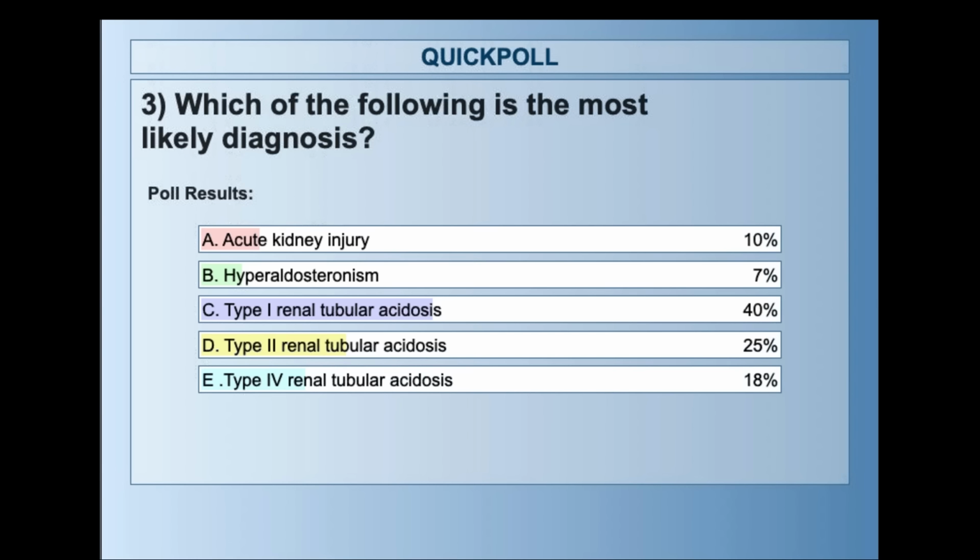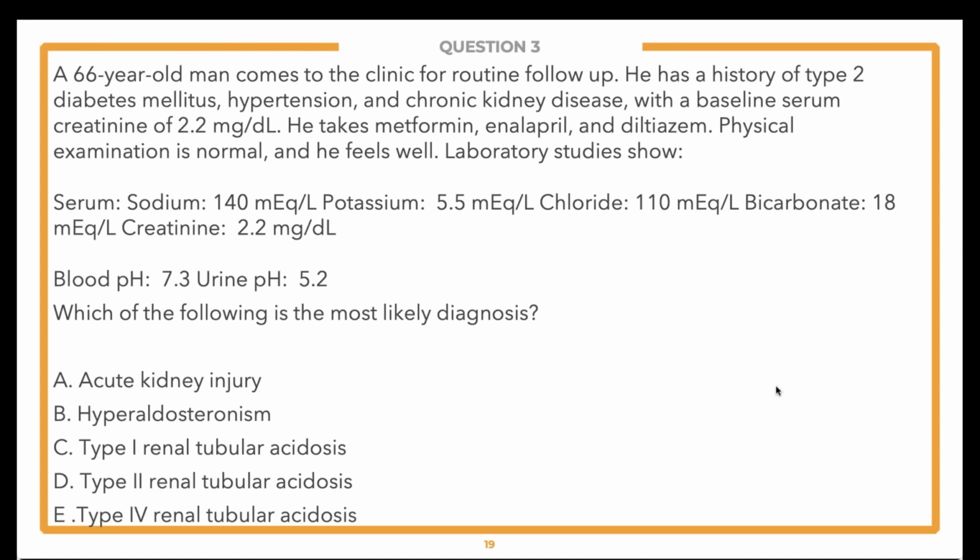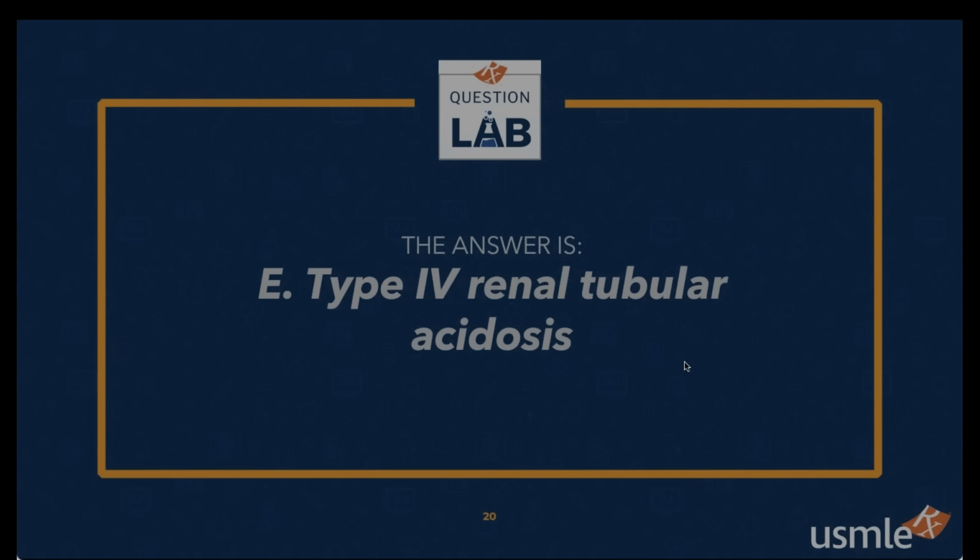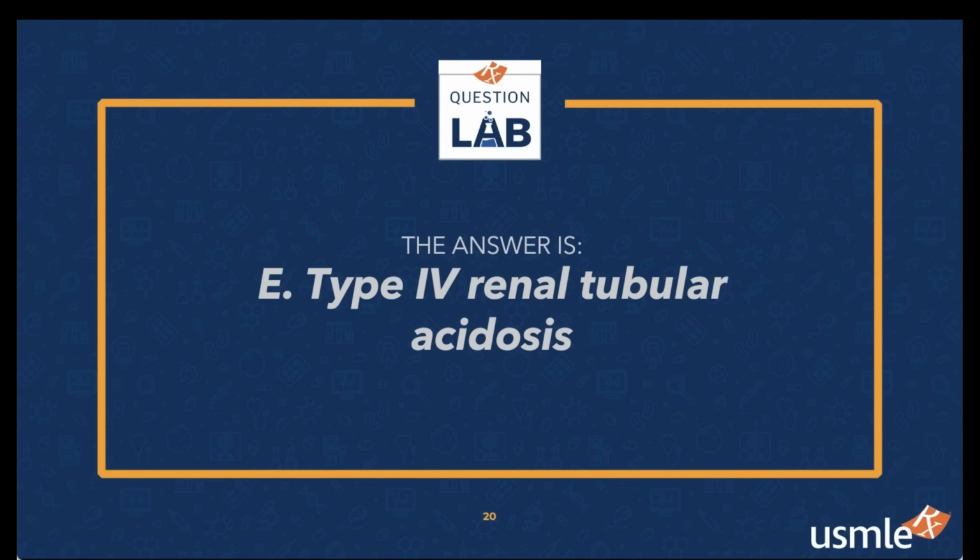So very good. Let's go ahead and hide the results and see what the answer is. And the answer is E, type 4 renal tubular acidosis. So out of all the types, this was the one that received the fewest number of votes, but turned out to be accurate. So another tough one here, Sean.